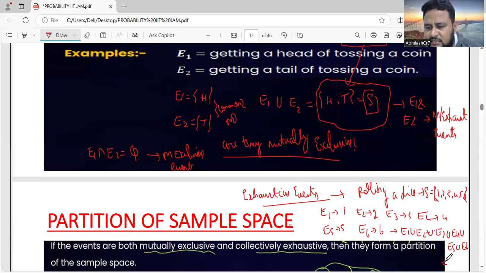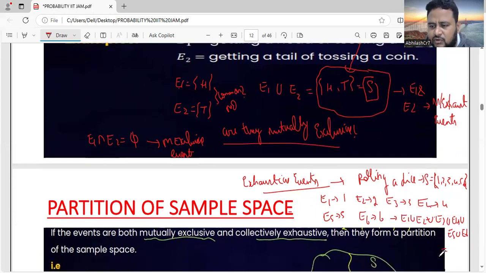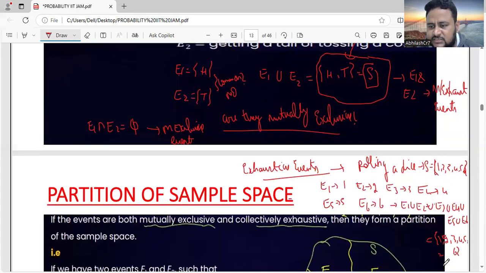I get 1, 2, 3, 4, 5, and 6. So this is nothing but equal to, friends, just observe carefully, the sample space. Therefore, E1, E2, E3, E4, E5, E6 are all exhaustive events.